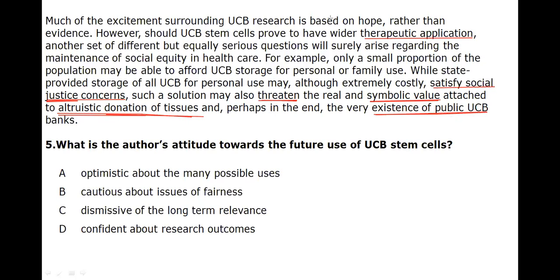Okay. Now the next question is based on the same paragraph, so you should be able to answer that in 2 minutes because you have already read the paragraph. Let me get the question for you.